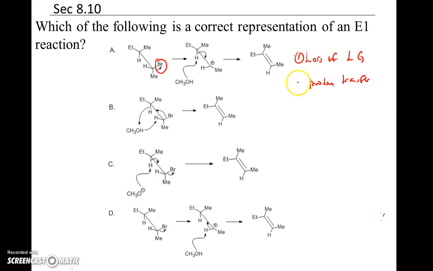You have 1 and 2 happening. But this doesn't occur here. This is all wrong. You can have this. It's not concerted. And this is not concerted. The E1 is stepwise.